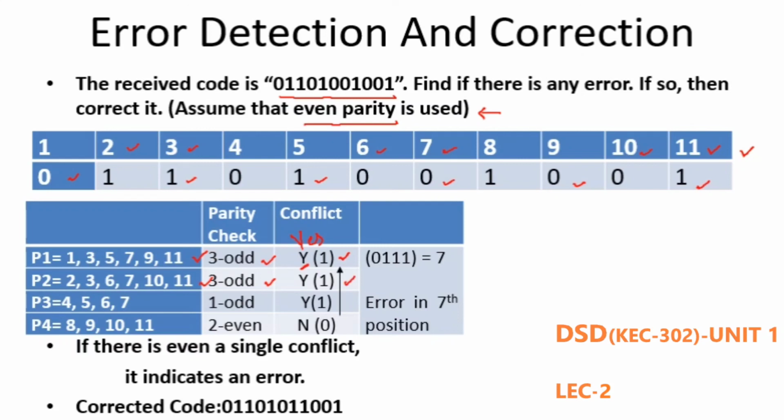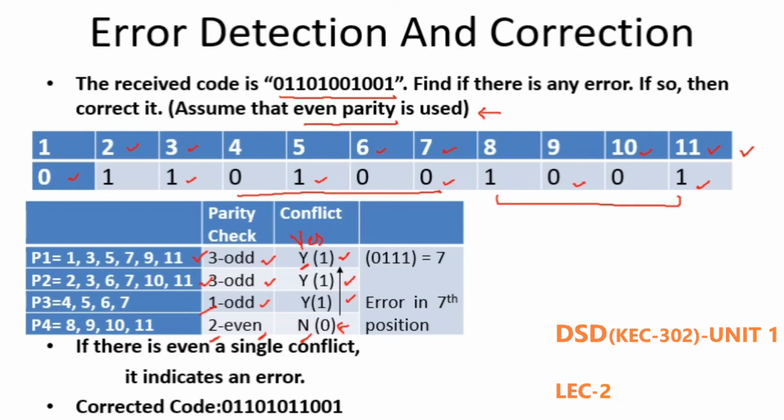Now proceeding to P3, positions 4, 5, 6 and 7, there is only a single one, and 1 is odd. Again there is a conflict, so again denoting this conflict by 1. And now proceeding to the last bit combination, 8, 9, 10 and 11, I can see that there are 2 ones, that means it is even, that means there is no conflict, and this no conflict is denoted by 0.